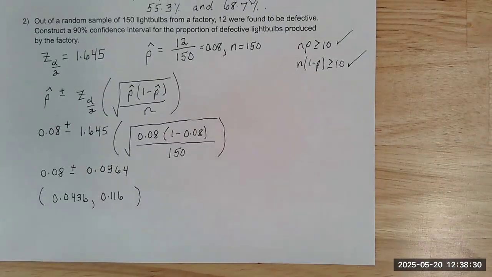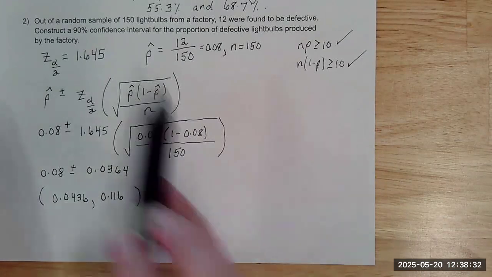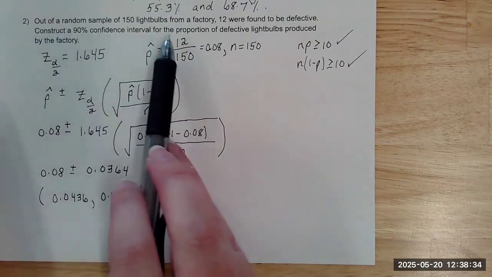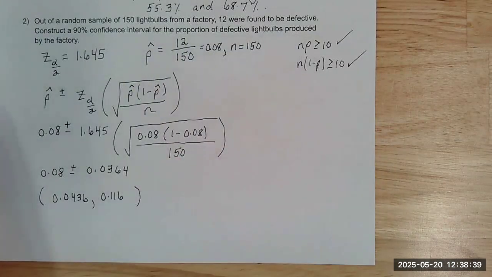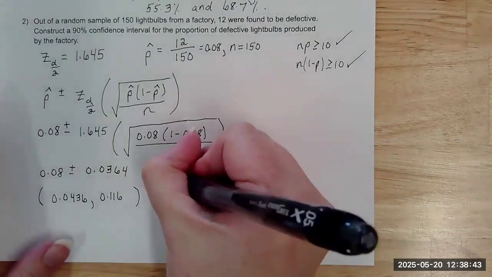So in terms of actual words here, we were asked to construct a 90% confidence interval for the proportion of defective light bulbs produced by the factory. So not just the sample, but all the light bulbs in the factory.